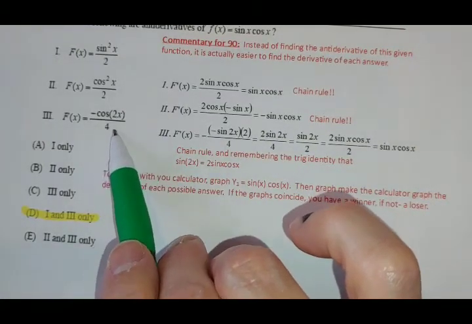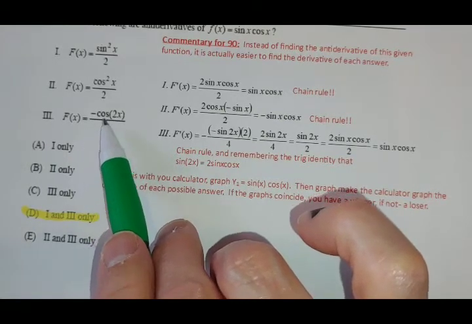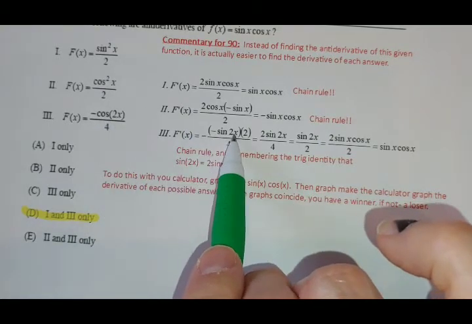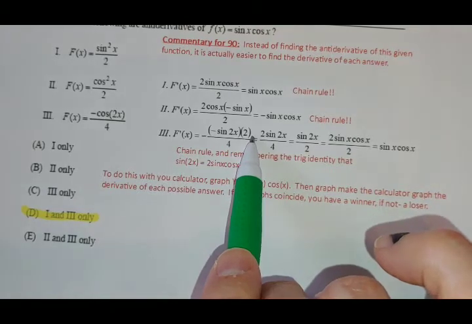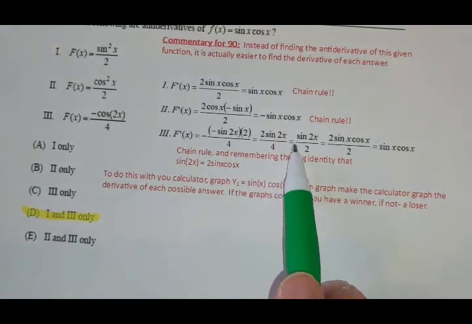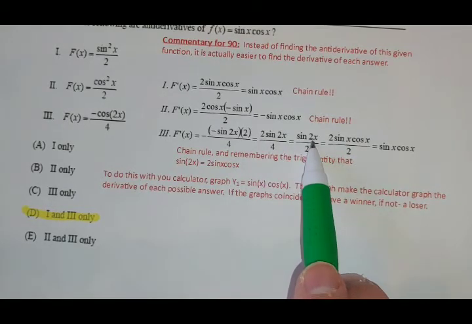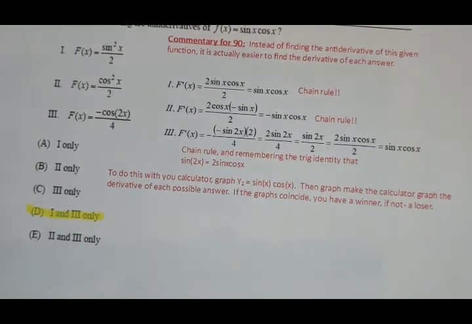And for the last one, the 1/4 coefficient comes out front, and you're going to use the chain rule again. The derivative of cosine is negative sine of the angle times the derivative of the angle. This one is a little bit tricky. When you reduce, you get sine 2x, and you do have to remember that sine 2x is 2 sine x cosine x in order to get that other answer.